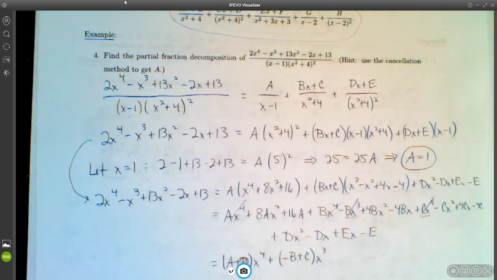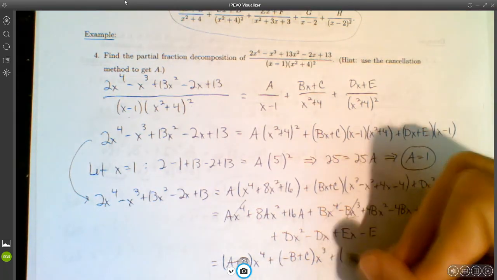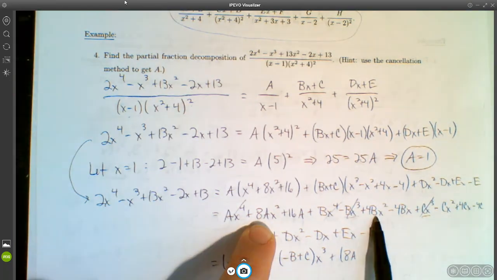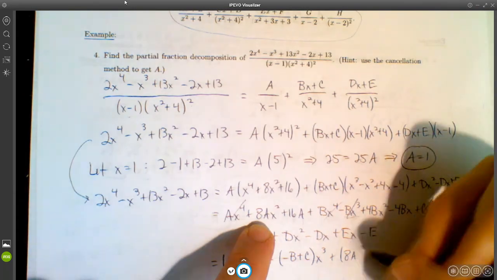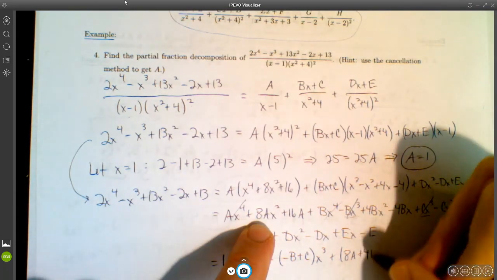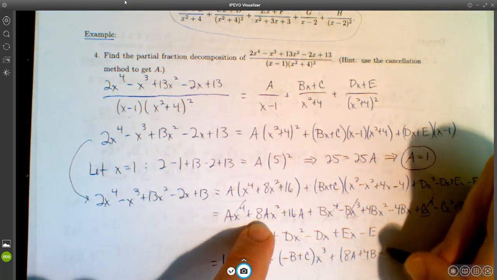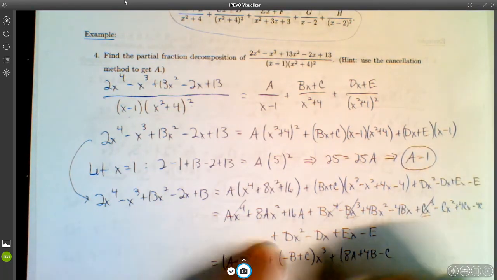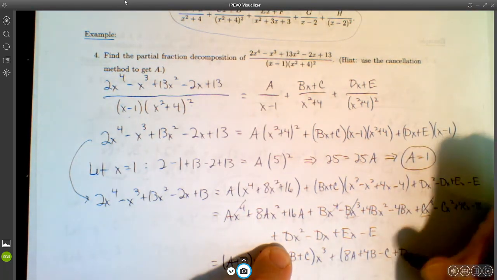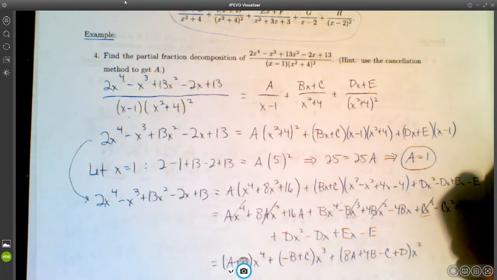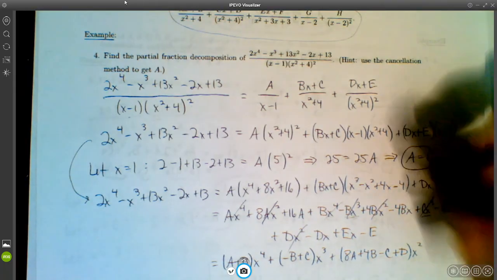Now where are my x squared? So I've got an 8a x squared, a 4b x squared, a negative c x squared, and then a d x squared. Okay, that takes care of the x squareds. Now where are my x's?